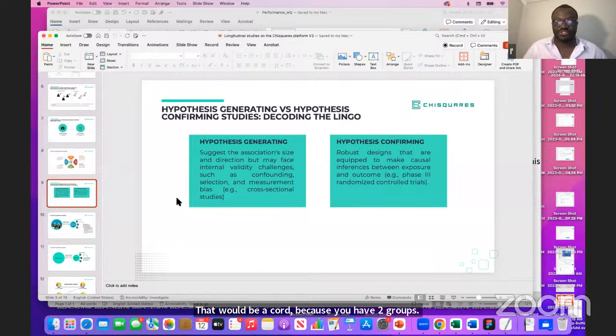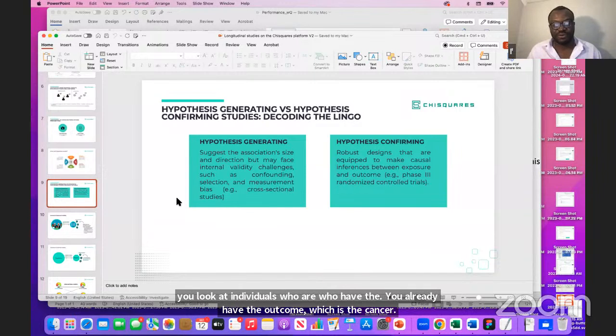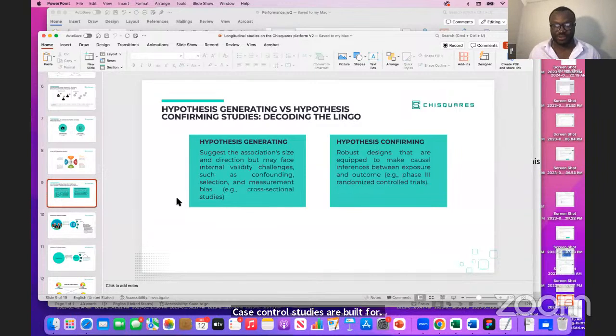But you can also choose to say, for that kind of study design, a better fit will be a case control study where you look at individuals who already have the outcome, which is the cancer. Case control studies are built for scenarios where we have a rare outcome, and most cancers are rare outcomes, right?